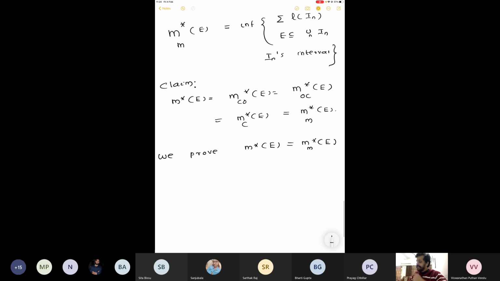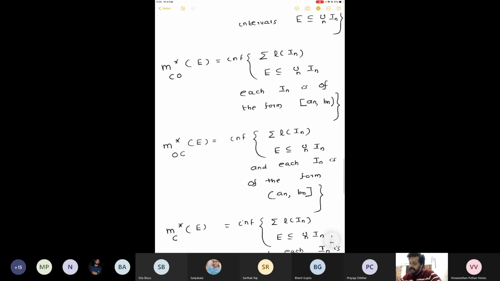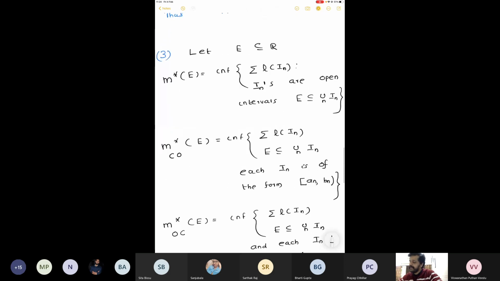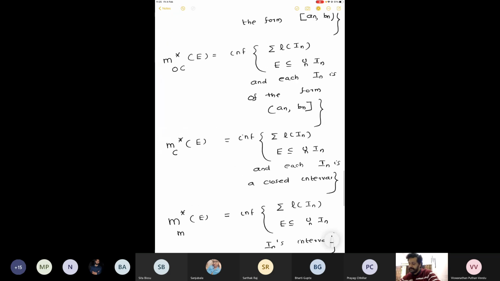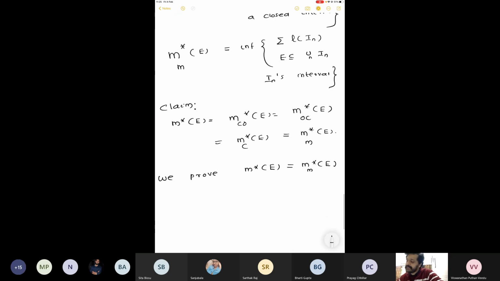As I told, in this equation, I think one inequality is trivial. Which inequality is trivial? When I consider M star E, I am taking only covers with open intervals, whereas when I consider MM star E, I consider covers where intervals can be of any type.